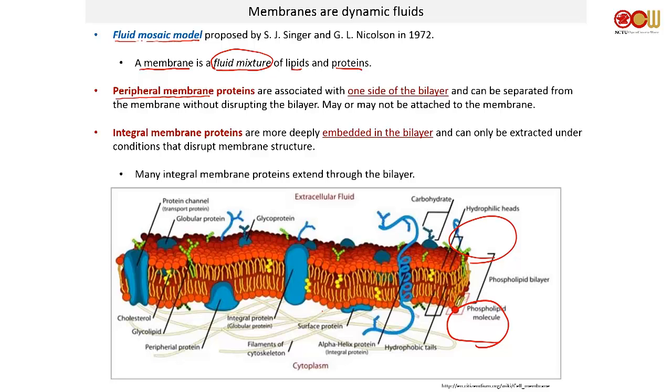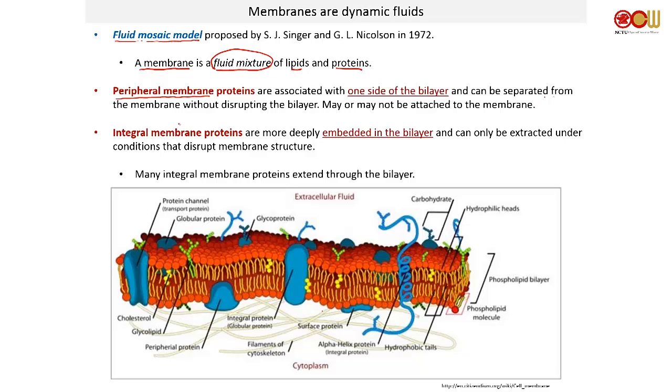Maybe a little bit of it touches the membrane, but not the entire protein. These proteins can be separated from the membrane without disrupting the bilayer. So you can simply wash them off. You don't have to destroy the bilayer to separate them. They're only associated, right?